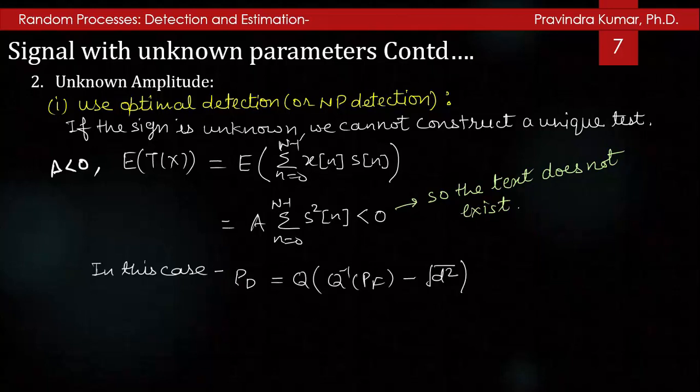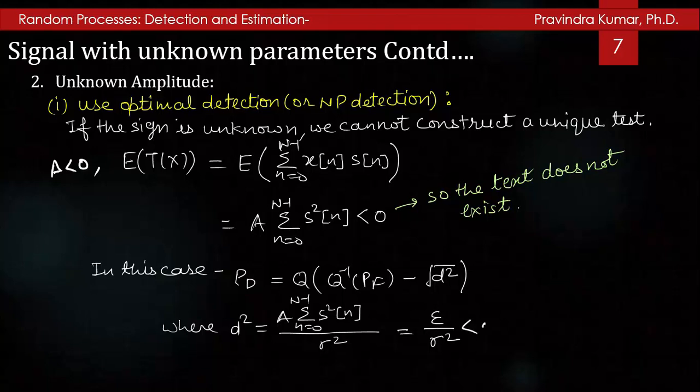In this case, the probability of detection is Q(Q inverse of PFA minus d squared), where d squared is the deflection coefficient, summation n=0 to N-1 s squared[n] divided by sigma squared, that is epsilon by sigma squared. So here you can see that it is less than 0, so the probability of detection will not give a valid result when a is less than 0.